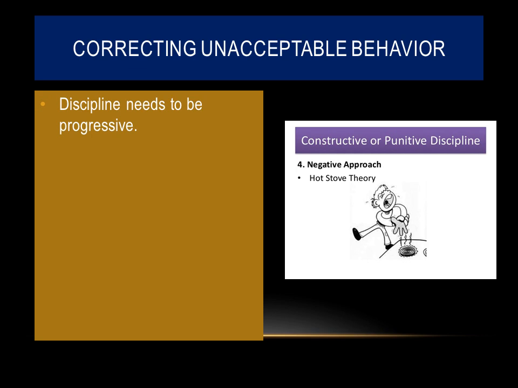If you terminate an individual, whether volunteer or career, without a disciplinary policy in place, you could have a suit for discrimination. So discipline needs to be progressive. If it's going to be progressive, it also needs to be written down. It needs to be in some type of policy form in an employee handbook. It needs to be known to the employee. And again, when I say employee, that goes for volunteer or for career.